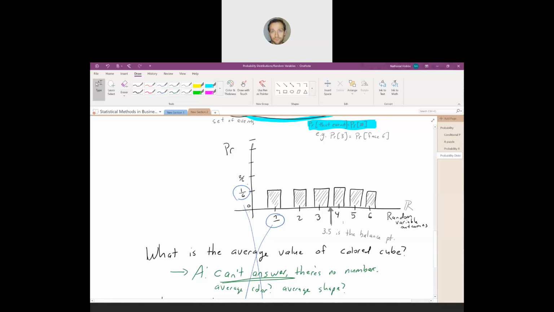So if you were to actually lay bricks on each of these places, if you held the middle of what's holding up the bricks at position 3.5, then it would be steady. The amount of weight on the left and the amount of weight on the right are the same. If you move left or right from that, then it's going to get unbalanced and the bricks are all going to fall down. So this is the same as what the expectation is in all cases.